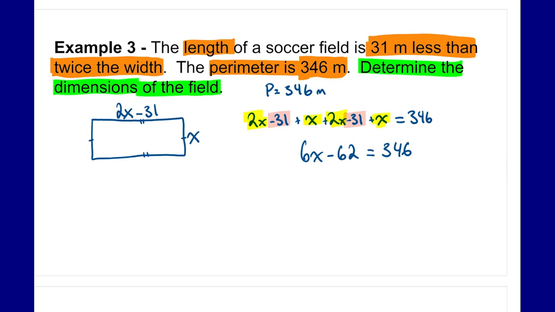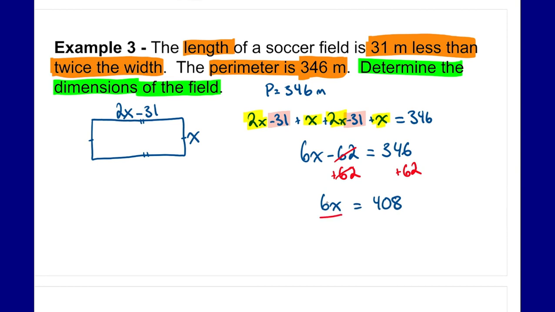I want to cancel out the non-variable term, so this minus 62, by adding 62. Add 62 to both sides. One side cancels out. 6x is equal to 346 plus 62, which is 408. Now I'm down to a one-step equation.